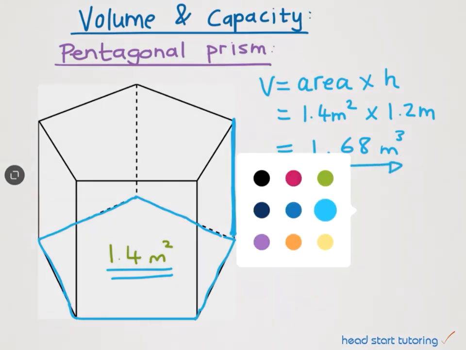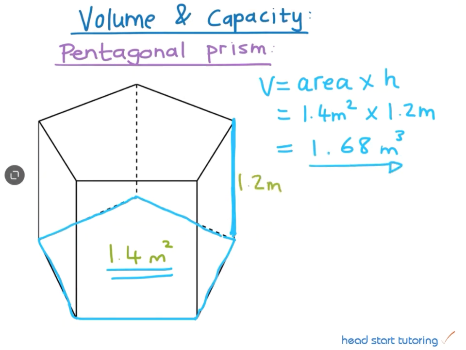If we would like to find out what the capacity of this pentagonal prism is, we simply need to multiply our answer in meters cubed by 1000, and we will get our answer in liters. So 1.68 multiplied by 1000, let's put a placeholder in there.